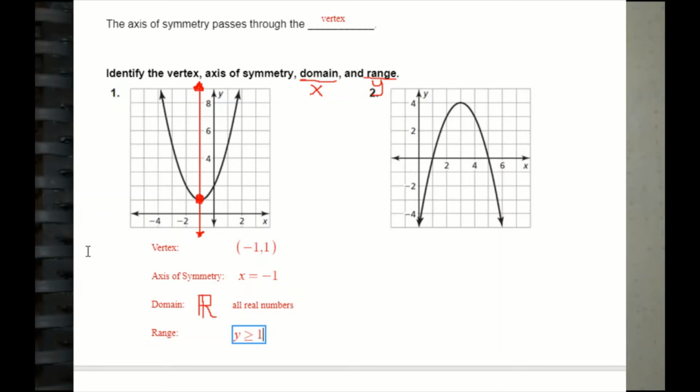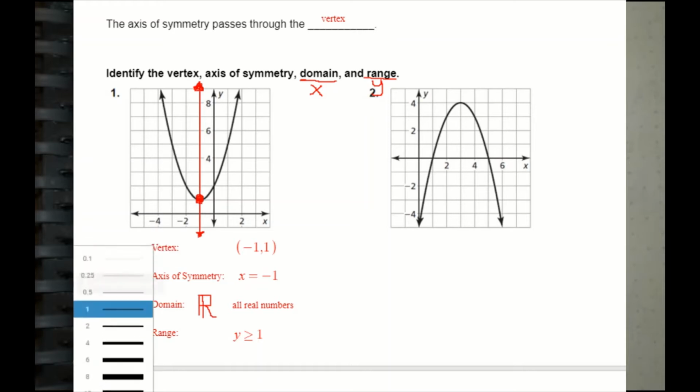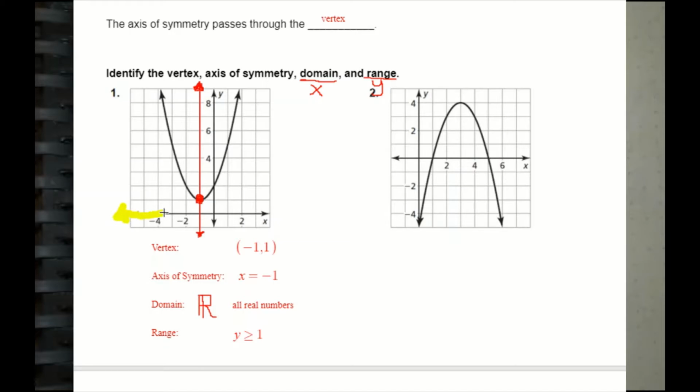Okay, so just to highlight how I'm getting that, I'll make a little highlighter here. Look, the domain encompasses all the x values, right? Let's see if I can make that a little straighter. There we go, that looks a little nicer. No matter what the x value is, you're going to have a y value associated with it.